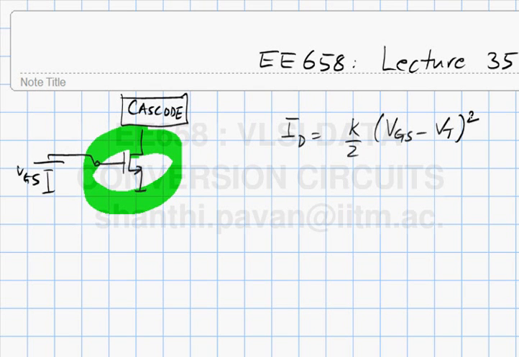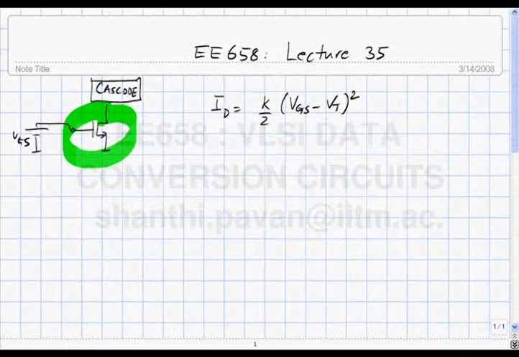The idea here is to basically see what happens when K and VT, which we know are random variables. We'd like to find out how much the drain current varies when the K and the VT change with process. And from our discussion on DNL and INL in DACs, sigma I by I is the all important quantity which determines the DNL and INL.